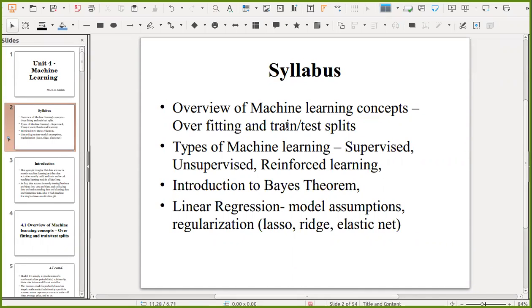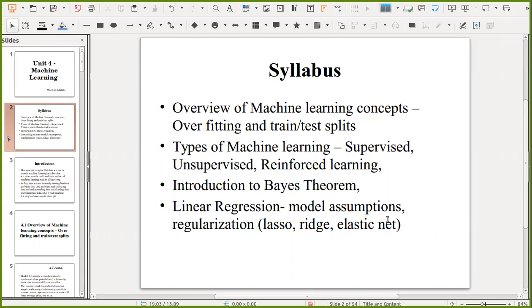Next, we studied the Bayes theorem. Bayes theorem is based on conditional probability. Conditional probability means that we are talking about two events, event 1 and event 2. Consider that event 2 has already happened, and I want to check what the effect of event 2 is on the happening of event 1, or in which way event 1 contributes to event 2.